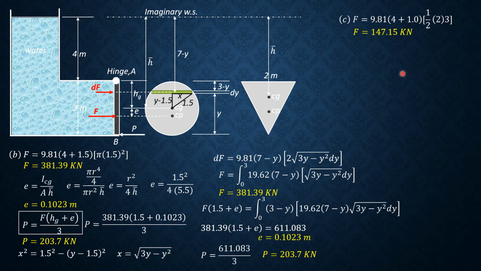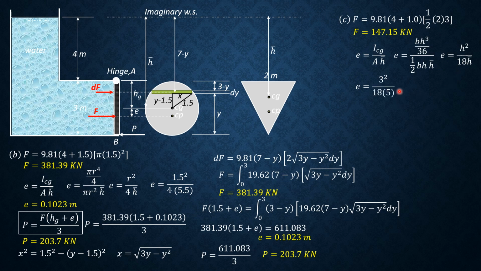Then for E, we have I sub CG over area barred H, where barred H is already found, 5 meters. I sub CG is BH cubed over 36, and area is 1/2 BH, and barred H is, let's just call it barred h. So simplifying this equation, we have h squared over 18 barred h for triangular section.